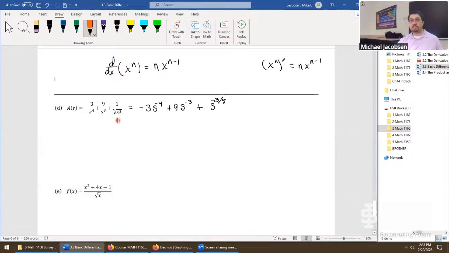That's a good way to view it, but you could also just say, with some scratch work, the fifth root of s to the 3 is 1 over s to the 3/5. So a fifth root just implies a denominator 5. Then bring it up to the numerator: s to the -3/5. Either way you visualize it, we're in a great spot. We can now differentiate going term by term. Any questions with the exponent work so far?